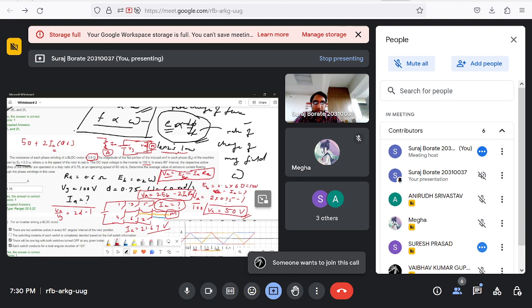One is in runner and out runner. Okay, so the in runner motor has the rotor inside and out runner has the rotor outside.